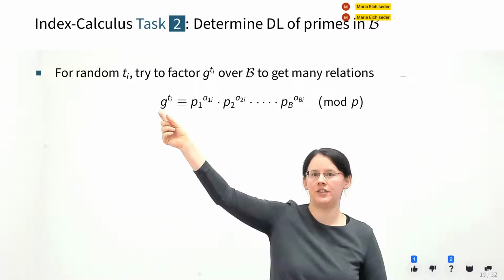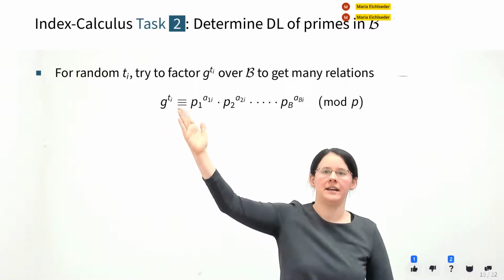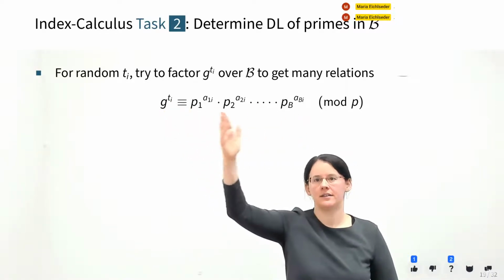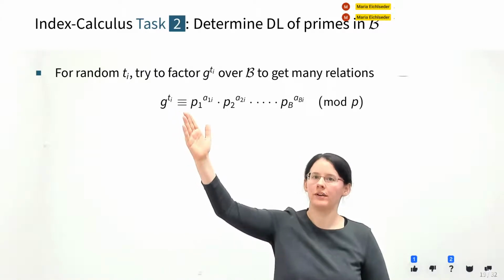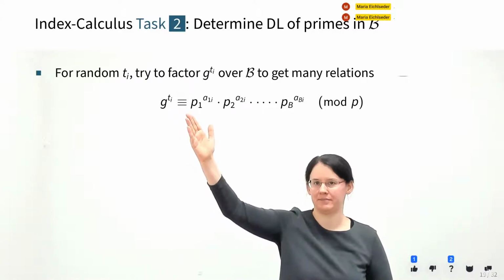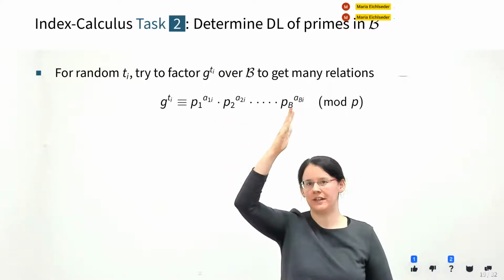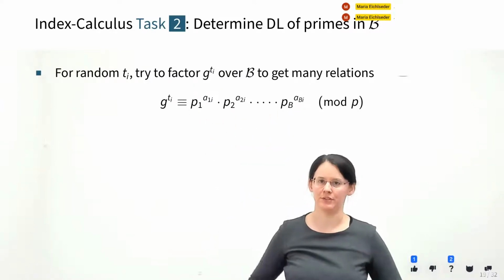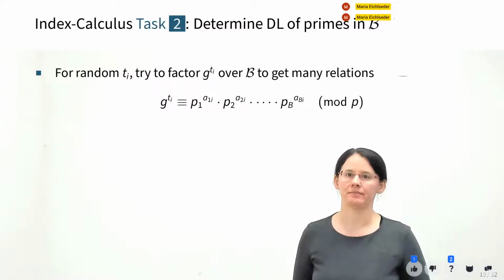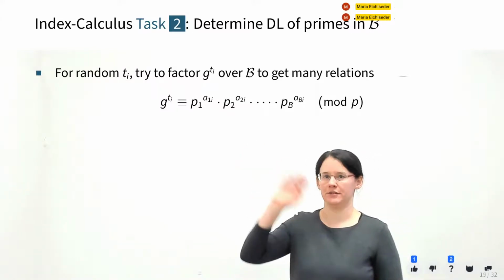So I take g to the t, and I can see if I can write this as a prime factorization using only the prime numbers in my factor base. So this is cheaper than general purpose factoring because I only want to test it with these small prime numbers where it's supposedly cheaper. So that's the first step.